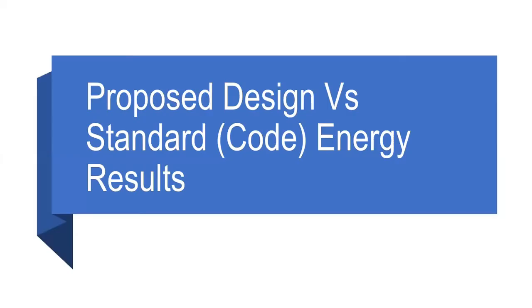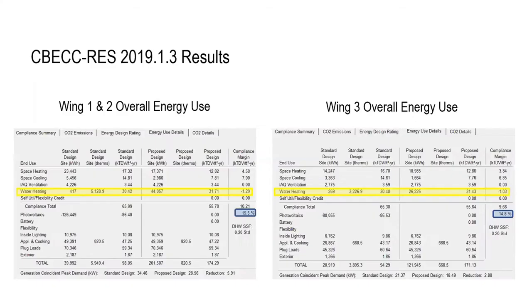So once we have our systems in, our HVAC, our domestic hot water, our envelope constructions, we created a model, we run it, and then we have energy results. We have our proposed and our standard results. At the very end, the model will generate a summary of energy use.